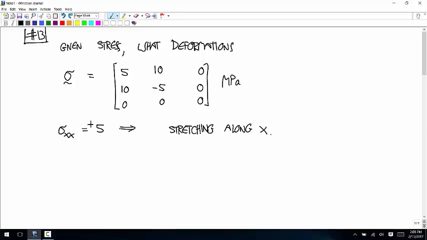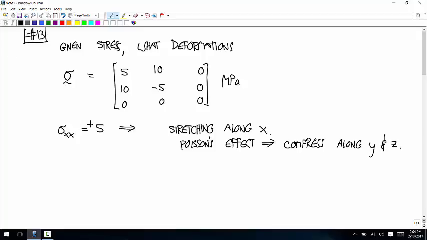The Poisson's effect says it's going to compress along y and z. Okay, so that's what we have so far based on that one.